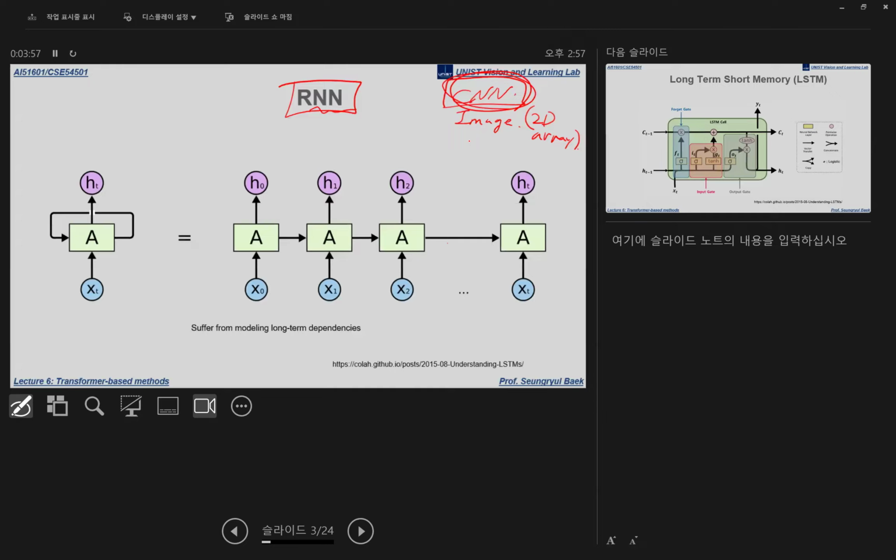But NLP, natural language processing, deals with one-dimensional signals, which are called words. So it actually deals with real languages. The basic unit of language is the word.